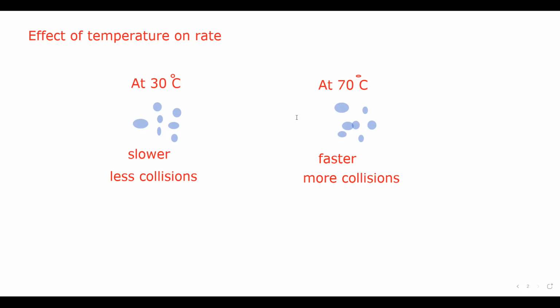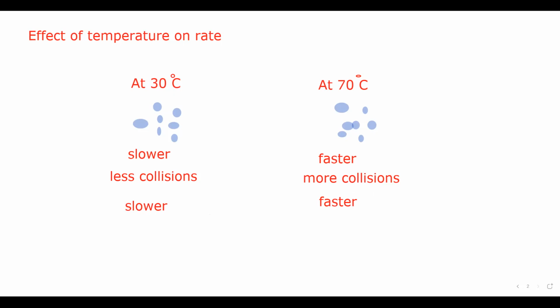So at which temperature will the reaction be fast, at 70 or at 30? At 70 the reaction will be faster, and at 30 the reaction will be slower. So when we increase the temperature, the rate of the reaction also increases.